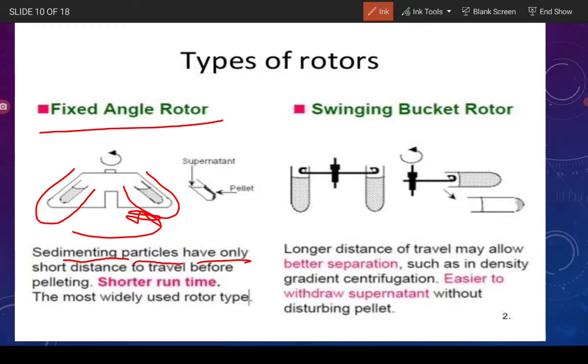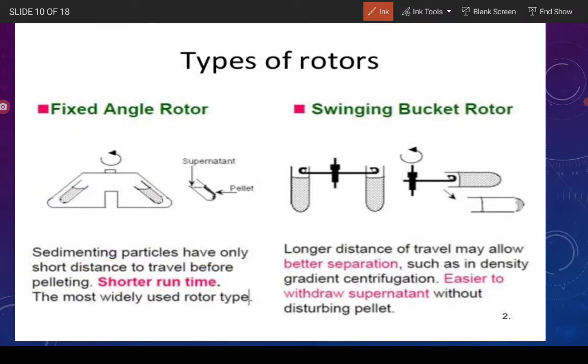Sedimenting particles have only short distances to travel before pelleting. Shorter run time, the most widely used rotor type. So fixed angle rotors are the most widely used rotors, and they have a shorter run time because their angle is fixed, so the particle only has to move a very short distance to form the pellet. That's about fixed angle rotor.